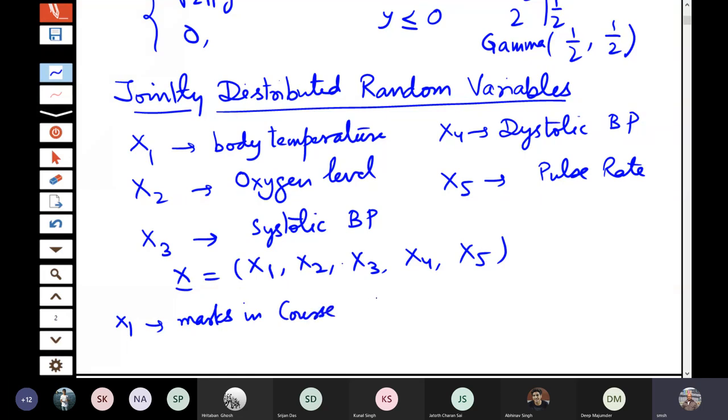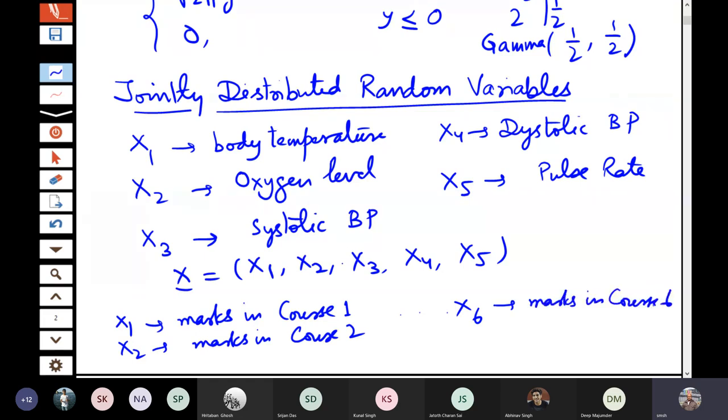Say you are doing maybe 5 courses in a semester, so your marks or grades, for example, marks in course 2 and so on. Say X6 is marks in course 6. So the random variable here will denote, for a particular student, X1, X2, up to X6.